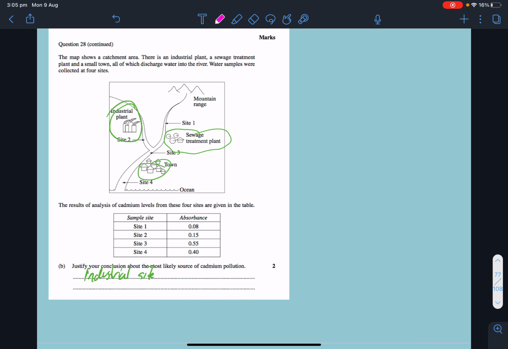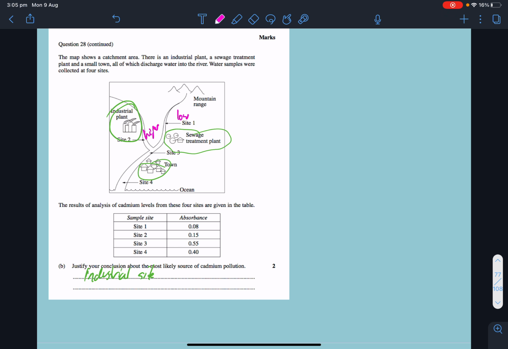Okay, site 1 was low. Site 2 was low as well. Oh, well, site 2 was a little bit higher, so 0.15.